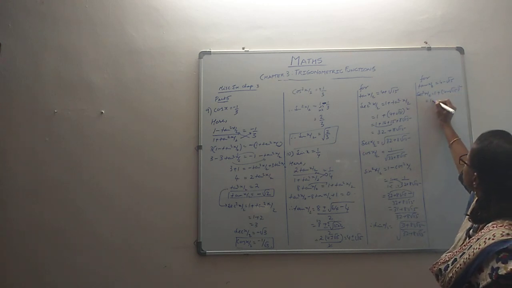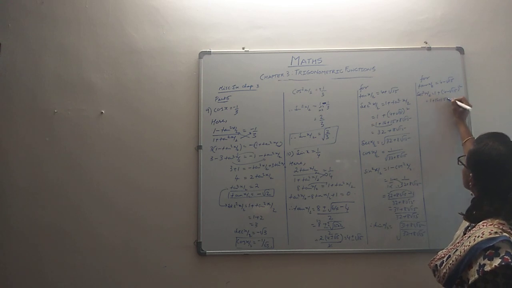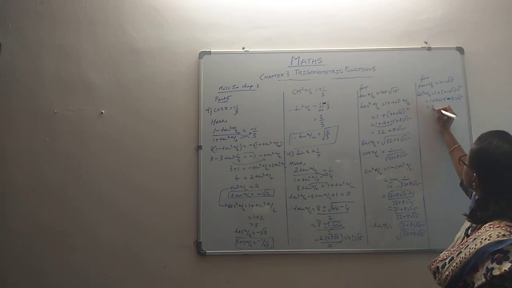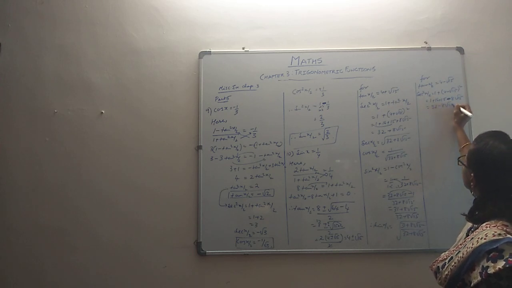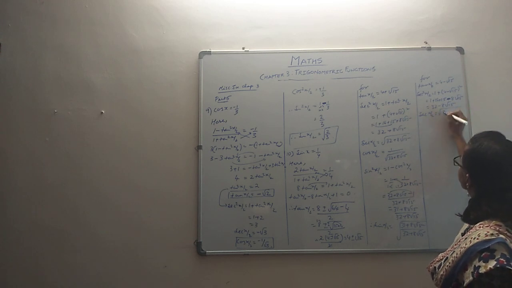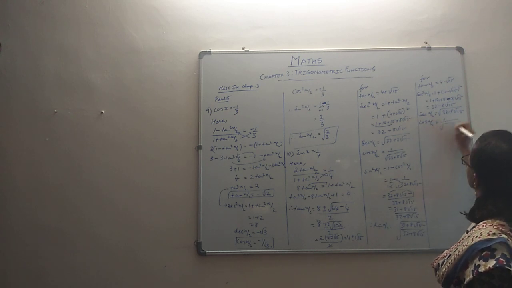It's going to be 1 plus 16 plus 15 minus 8 root 15, so 32 minus 8 root 15. Sec is root of this. So what is cos? 1 upon root of 32 minus 8 root 15.